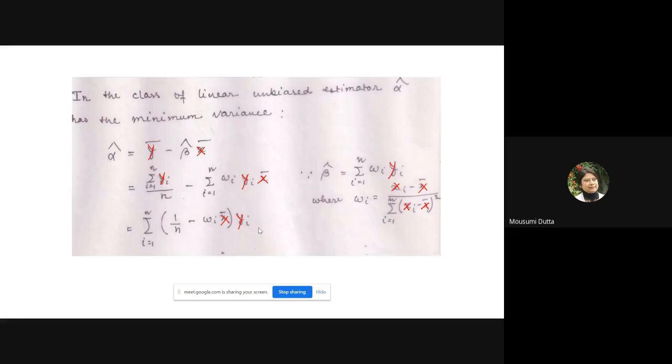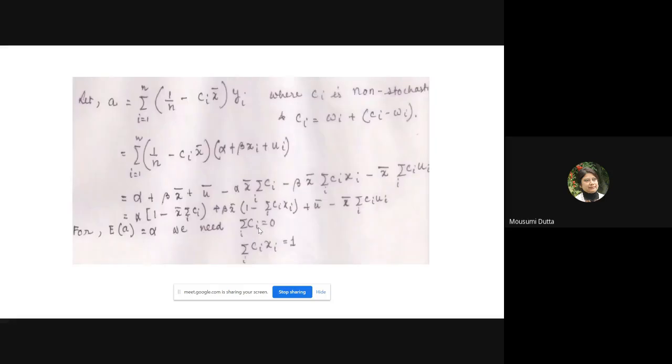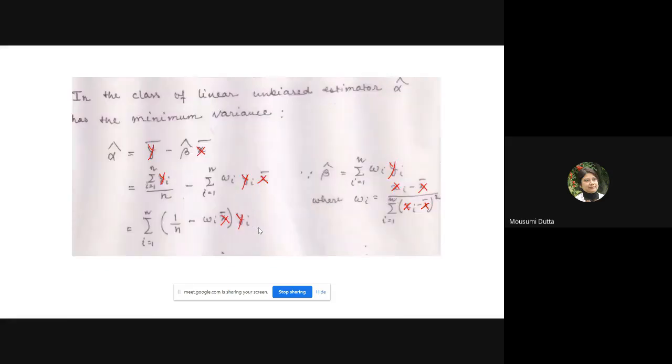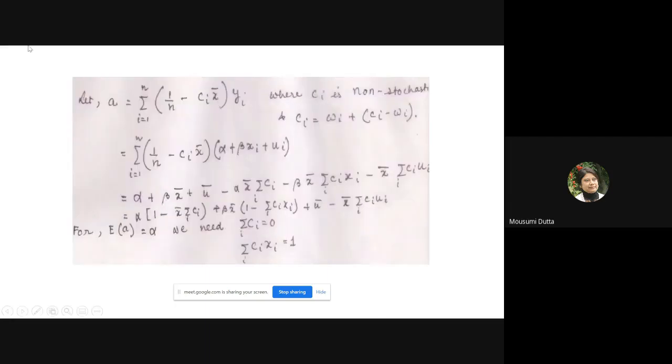Is it okay? Then I'm considering this summation, (1 by n minus wi into X bar), and I'll just change wi by ci.